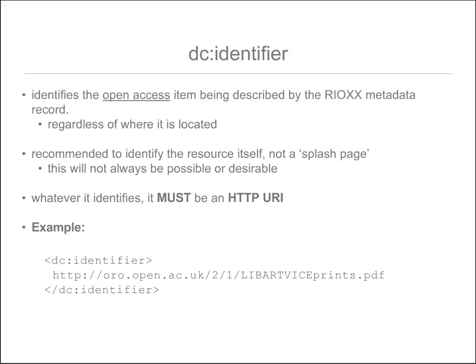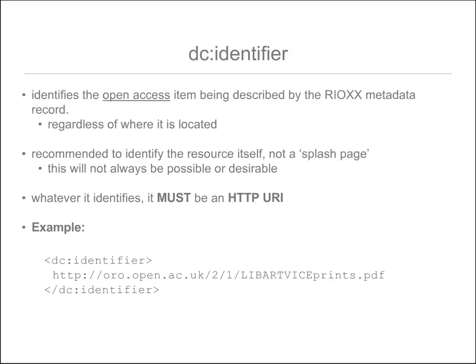So, rather than constraining the types of things which can be identified, what we've said is that the identifier must be an HTTP URI. And that means that we can identify often the scheme that's being used from the URI. And this becomes important not just with the DC identifier property, but also, as we'll see later on, when we're using HTTP URIs as identifiers for people and organizations.